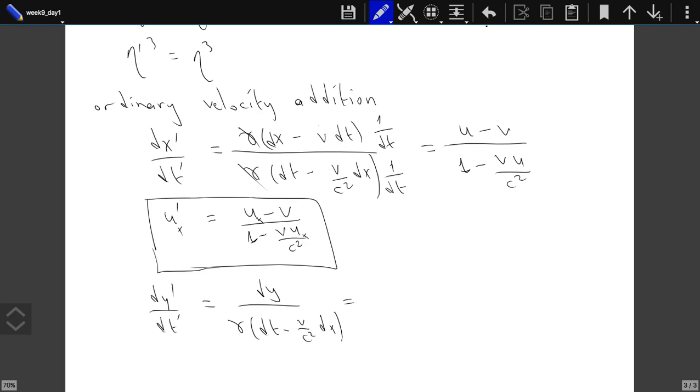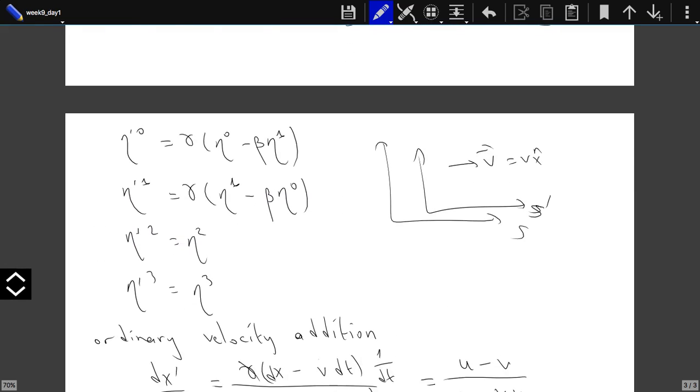Well, no. I mean, you see, it just becomes complicated because we started by saying that it doesn't move in the y direction. If it doesn't move in the y direction, dy is 0. The y component doesn't change. But you see that these expressions will change if the velocity is in some arbitrary direction. If they are in some arbitrary direction, the velocity addition rule will become quite complicated.